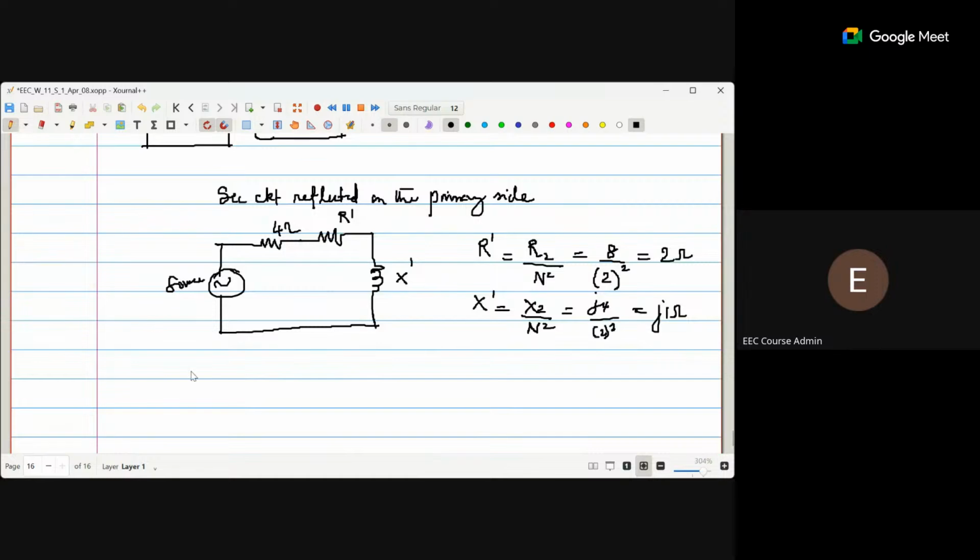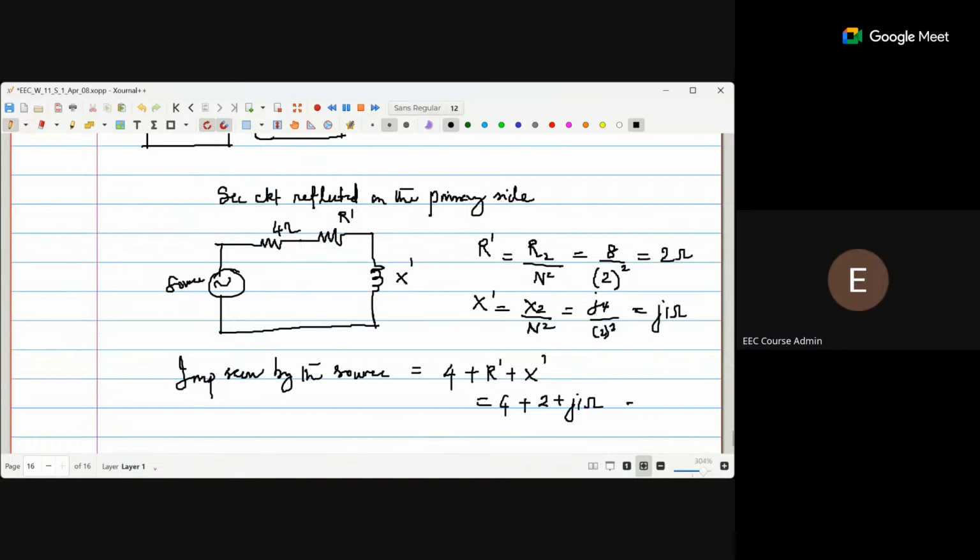Now impedance seen by the source will be equal to 4 plus this R dash plus X dash. So 4 plus 2 plus J1 ohm.